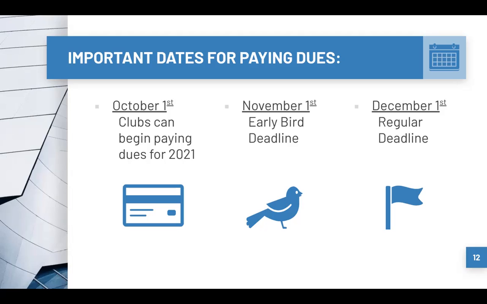If your club is running into trouble with paying your dues, just make sure that you reach out to the district board, our international trustee, and they should be able to help you out however they can to make sure that your club can pay dues.